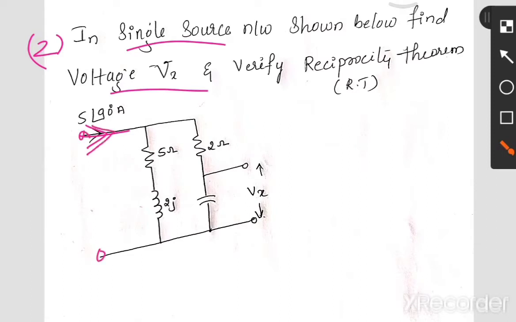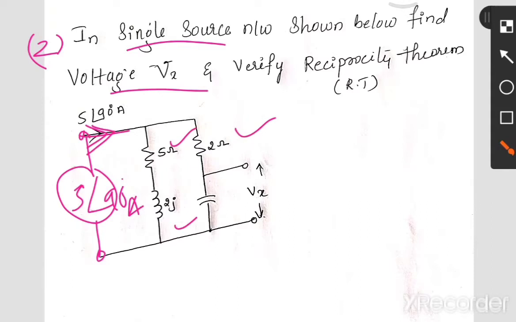Pi at an angle 90 means there is a current source here, which is pi at an angle 90 ampere. Then we have 5 ohm, 2j ohm, 2 ohm, and a capacitor here, which is minus 2j ohm. We have to calculate Vx through the reciprocity theorem and verify it.